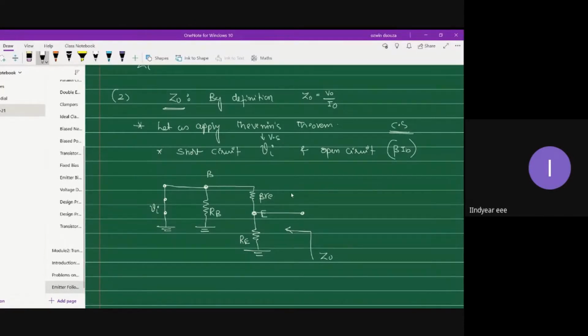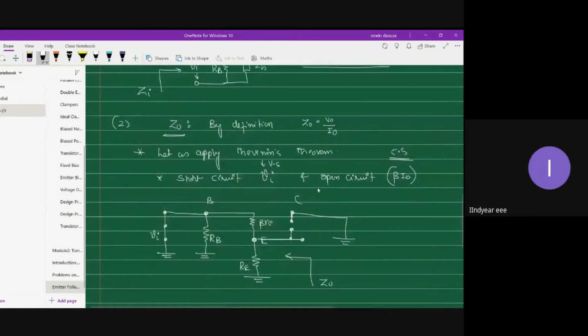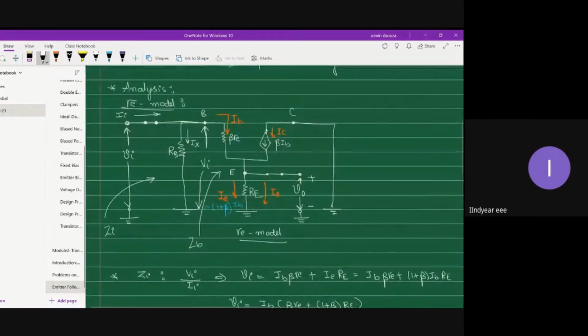If you ask me what will happen to the collector terminal, the current source is open circuited, so there will be an open circuit across the collector side. Here it is. You will have a loose wire over here, which is of no good use.